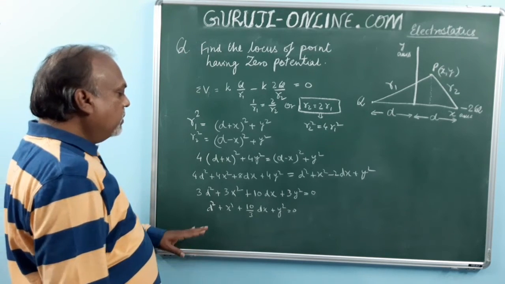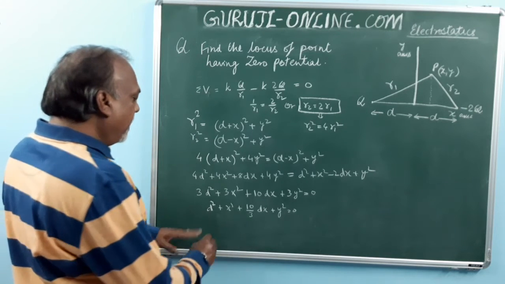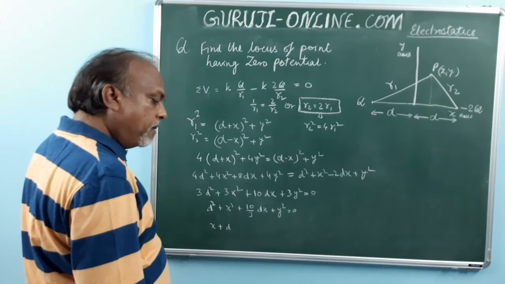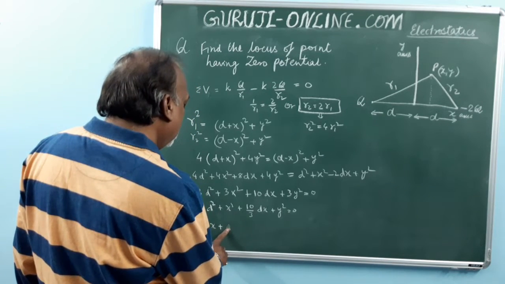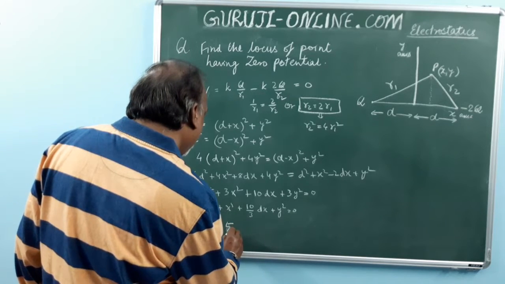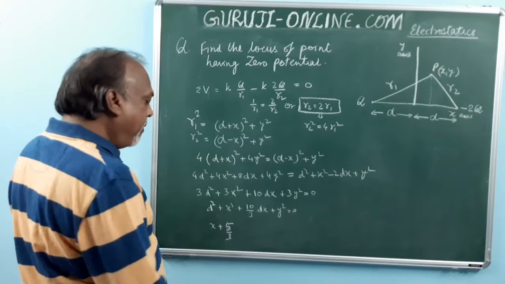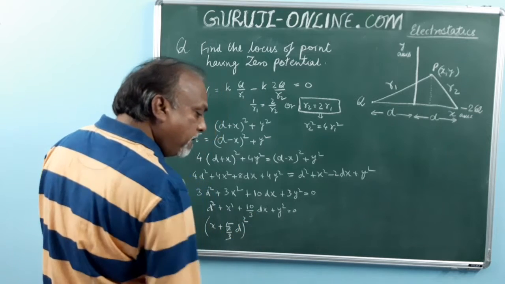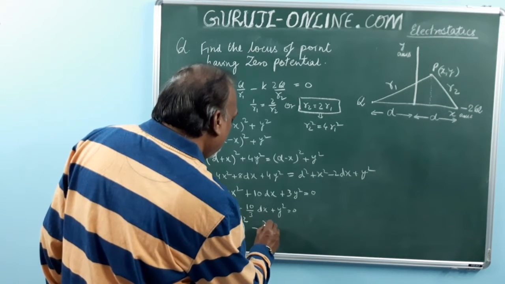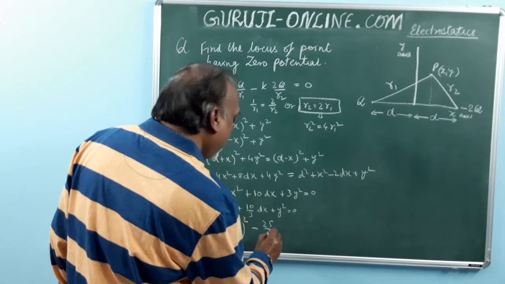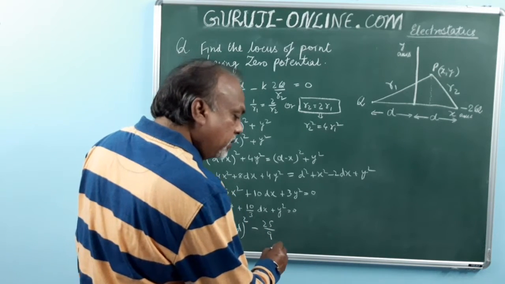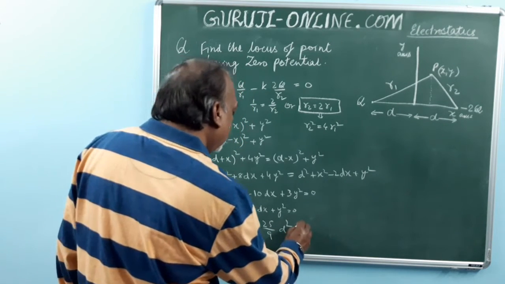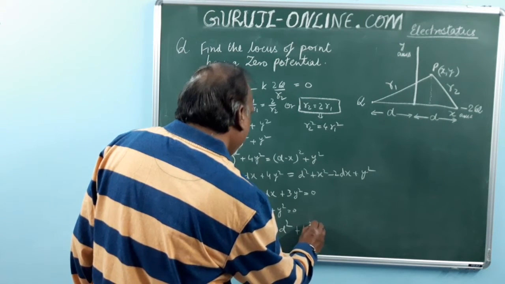Or we can write it as (x plus 5 by 3 d) whole square minus 25 by 9 d square plus y square.